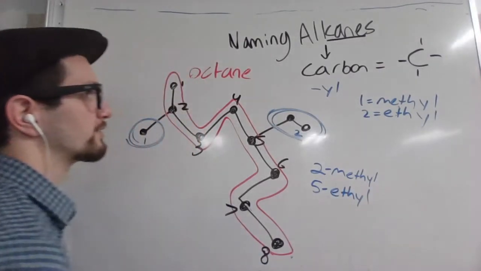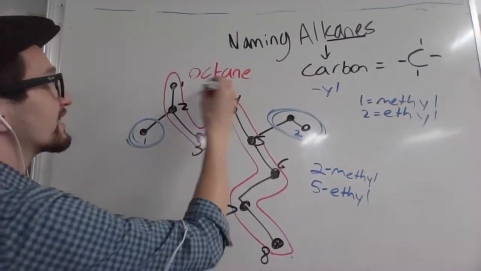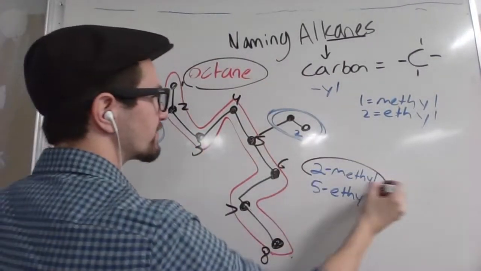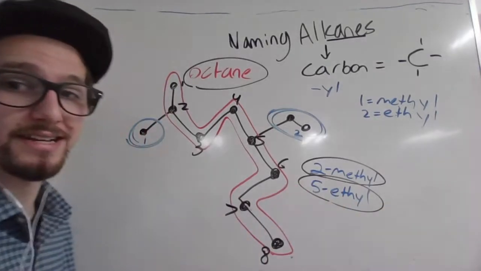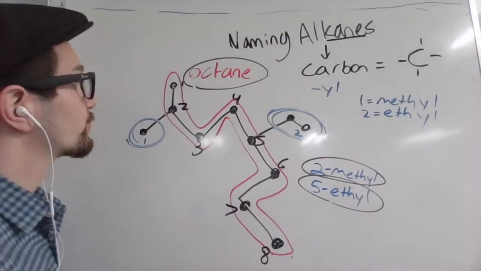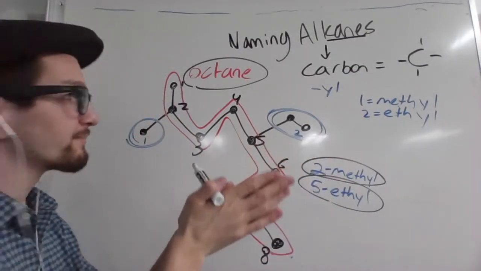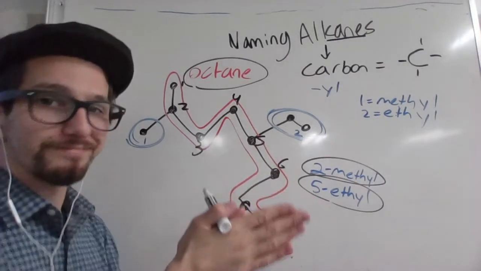Uh-oh, Mr. Brown. We've got some stuff going on here. What am I supposed to do? Because I have octane, 2-methyl, and 5-ethyl. This is 3 things. That's a little too much. Well, it's not that bad, and this is why. The way we organize this when we put all of our pieces together for one big name is we just put them in alphabetical order.